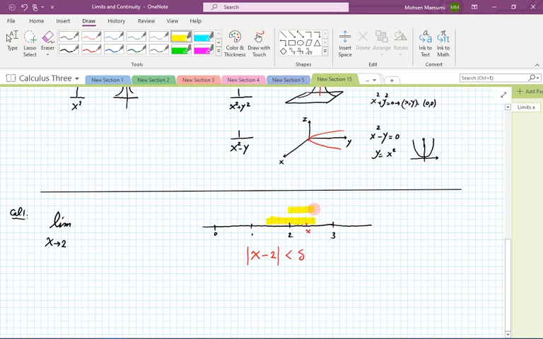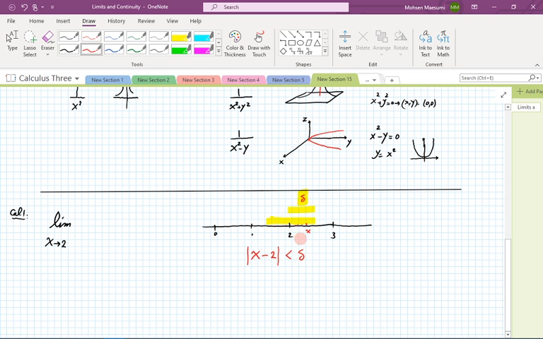So from here to here, this is delta. Oh, well, I better write it. I guess that's hard to see. That's delta, and x is living inside this interval. So if I want to bring x closer to 2, I make delta smaller, and that pushes x to be closer to 2.